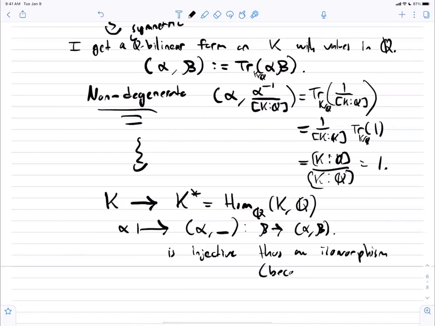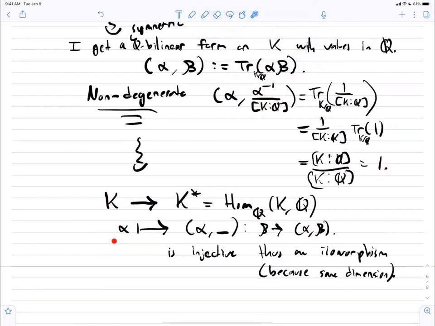Because they have the same dimension. So this map is injective because saying it's injective says anything over here should go to some non-zero functional on K. But I know that pairing with alpha is non-zero because I can find something that it pairs with to give 1. So that map isn't 0.